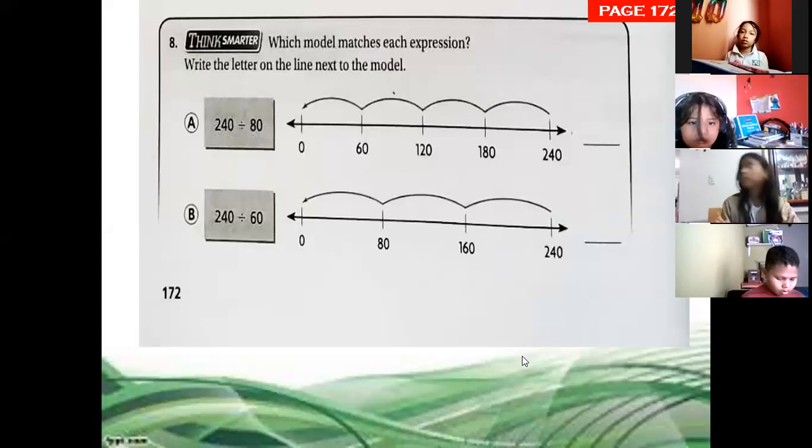We need to see the jumps we have here. Look at the first one. The first number is 0 and the next one is? What is this number? What is the second number?